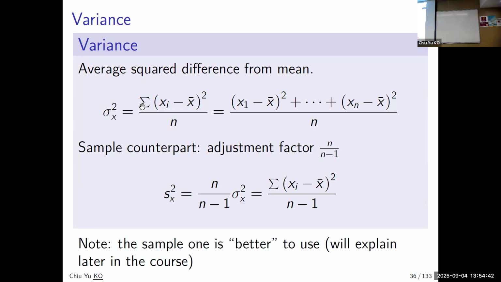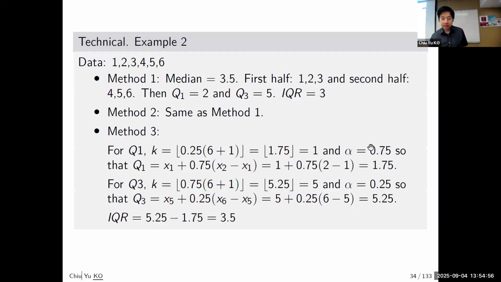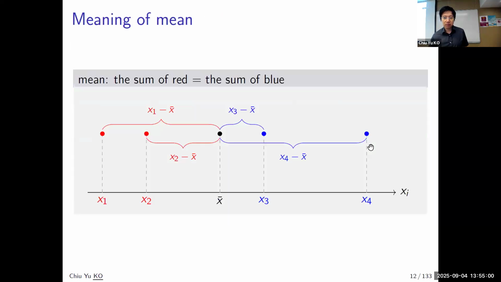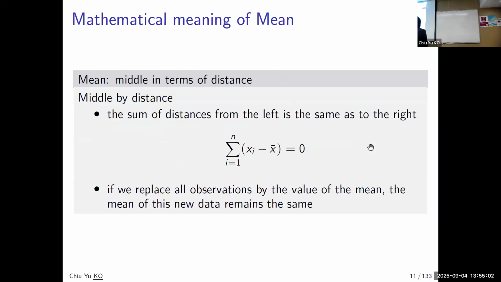If you don't take the square, then it'll be 0. Always 0, because the mean is exactly in the middle, where left and right balance. If no square, it's 0, because you remember the slide a little bit earlier. That's the definition of the mean. Nothing to calculate.